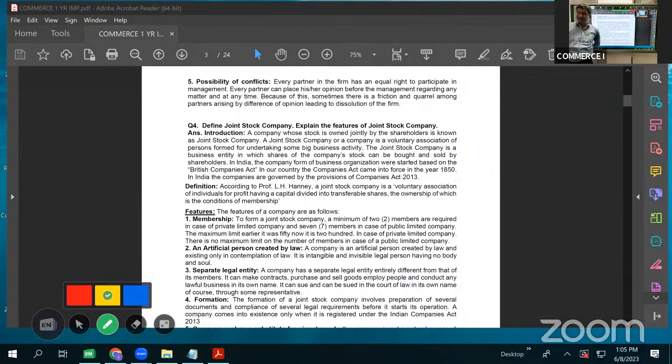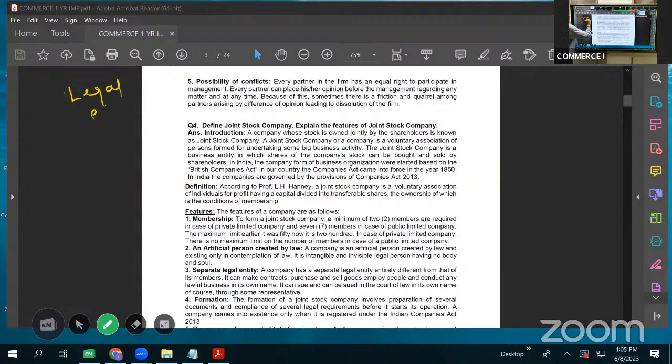Unlike proprietorship or partnership, the very important feature is that a joint stock company has a separate legal existence.